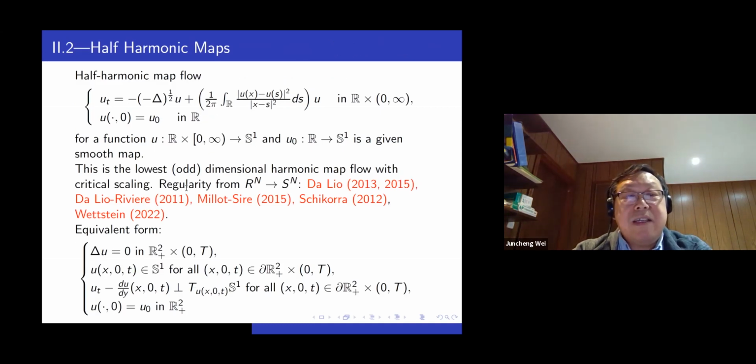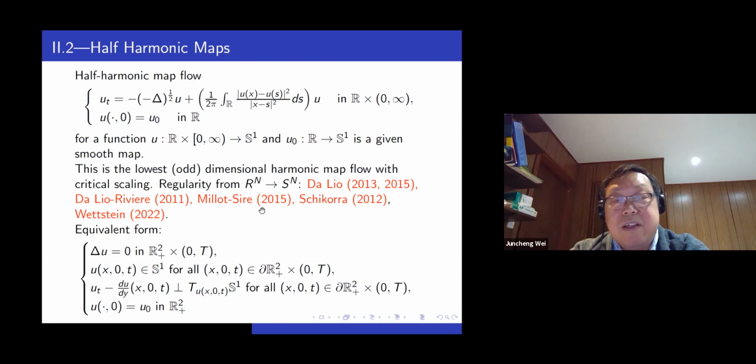Now, the second problem, let's look at the true half-harmonic map flow. The true half-harmonic map flow will be ut equals the square root of Laplace, plus some Lagrange multiplier times u. So this is the lowest-order harmonic map flow with critical scaling. And there have been many results on the regularity of these solutions, like Da Lio and Rivière, who have some fundamental results on the regularity of these half-harmonic maps.